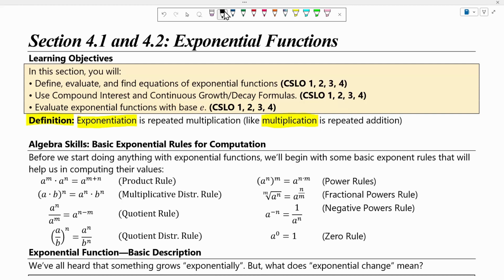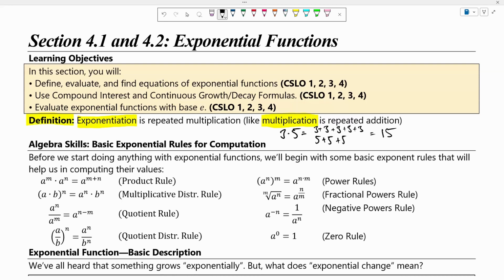So for example, if we had 3 times 5, there were two ways we can write this out. This was 3 plus 3 plus 3 plus 3 plus 3, or we can write it as 5 plus 5 plus 5. Both of these are 15, right? Okay, that was the multiplication. That's how we defined multiplication.